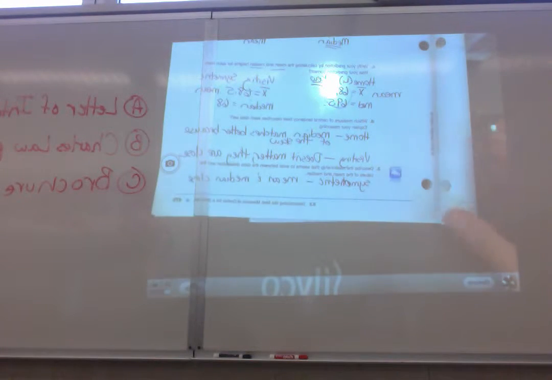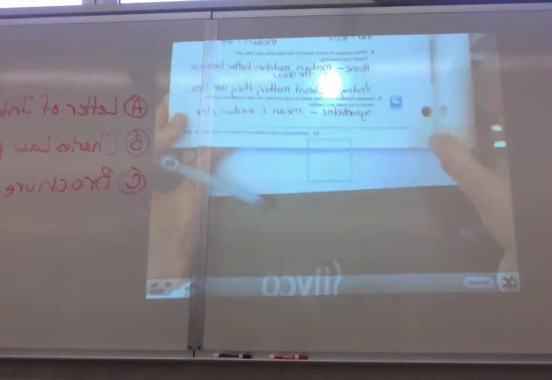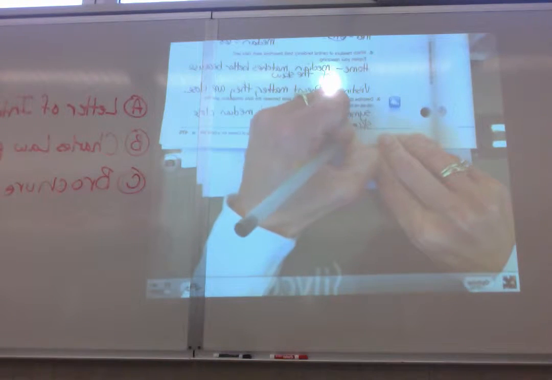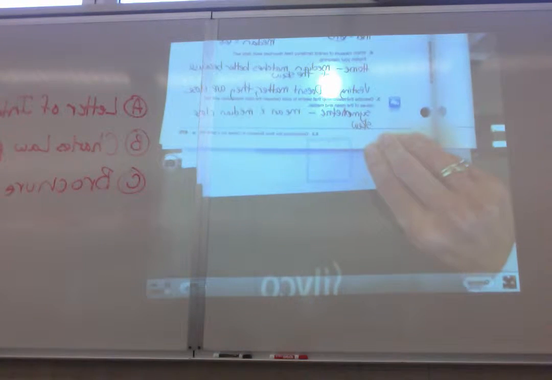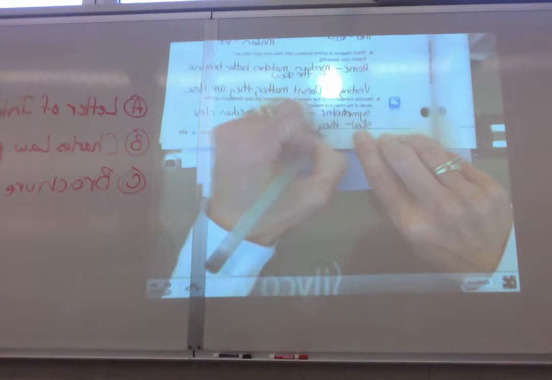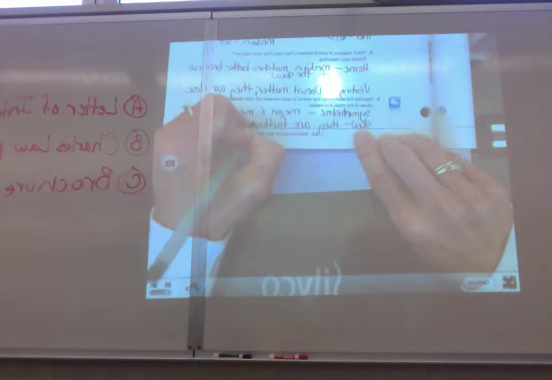Am I too low or can you see that? Move it up. Okay. How about skewed? Skewed, they are farther apart.